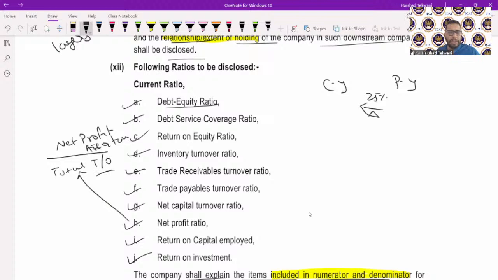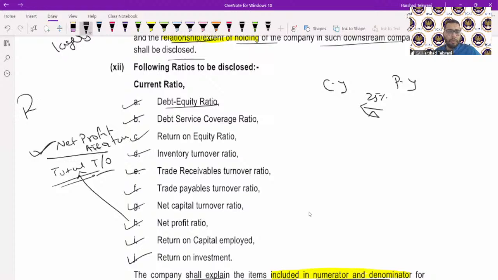It can be whether total turnover includes my discontinued operations or not. So I need to explain the denominator and the numerator both, whether it's from the continuing operation, whether it also includes discontinued operation, whether the turnover includes only operating revenue and not the other income, or whether it includes total income, whatever it is. I need to explain what is the numerator and what is the denominator for each and every ratio.